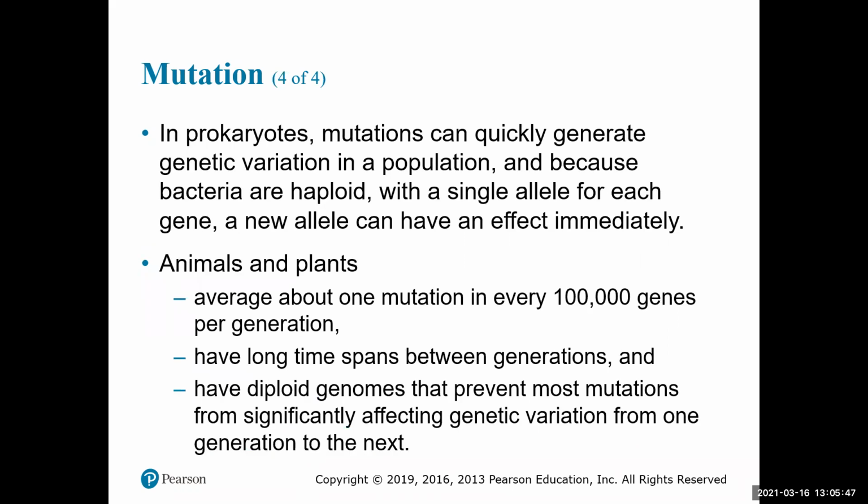Whenever you have organisms that have fast generation times, like prokaryotes, say bacteria, mutations can really generate and accumulate very quickly in a population, especially when they're haploid. For example, bacteria are haploid. That means they have one allele for each gene, and that allele comes into effect immediately.